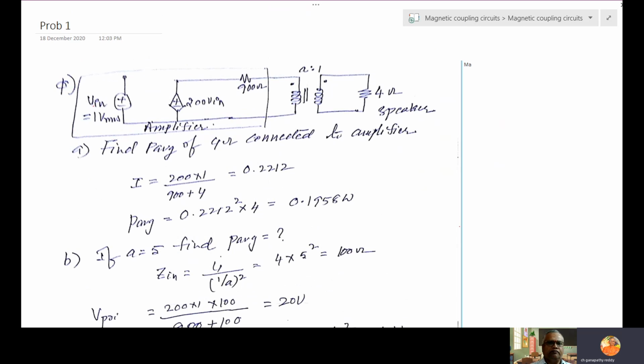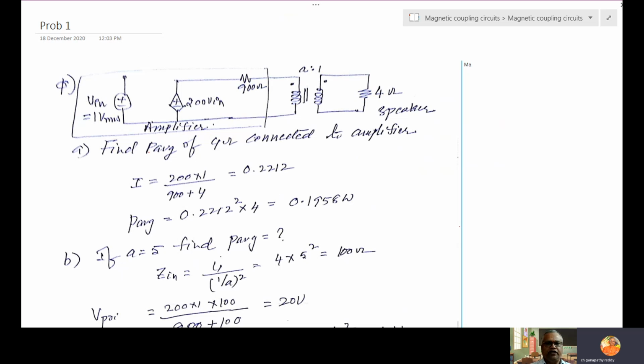Here an amplifier equivalent circuit is given. Amplifier V in of 1 volt RMS, 200 V in, here 900 ohms. Then a transformer with A is to 1 and loaded with 4 ohm.